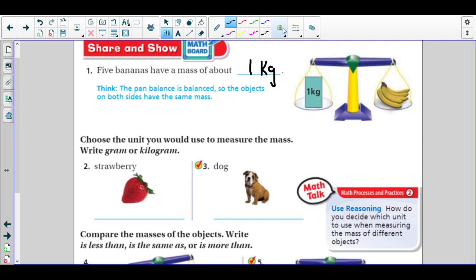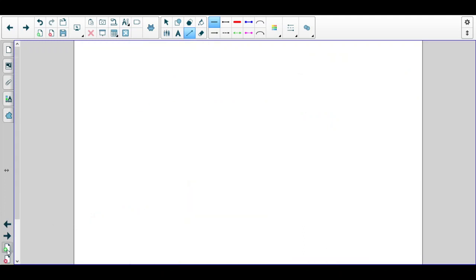Now, if we had a balance beam that was, let's just say, out of balance, here's the balance beam right here, and we have this middle part right here. We call that the fulcrum. And so basically it's like a teeter-totter.